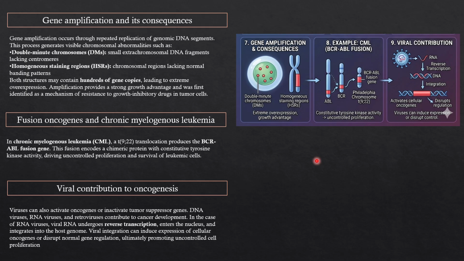The consequences of gene amplification are double minute chromosomes or homogeneously staining regions, or HSR, which basically means extremely overexpressed genes and growth advantage. An example is CML, which involves the BCR-ABL fusion. The ABL gene and the BCR gene fuse to form the BCR-ABL fusion gene, and they give constitutive tyrosine kinase activity, which basically gives rise to uncontrolled proliferation.